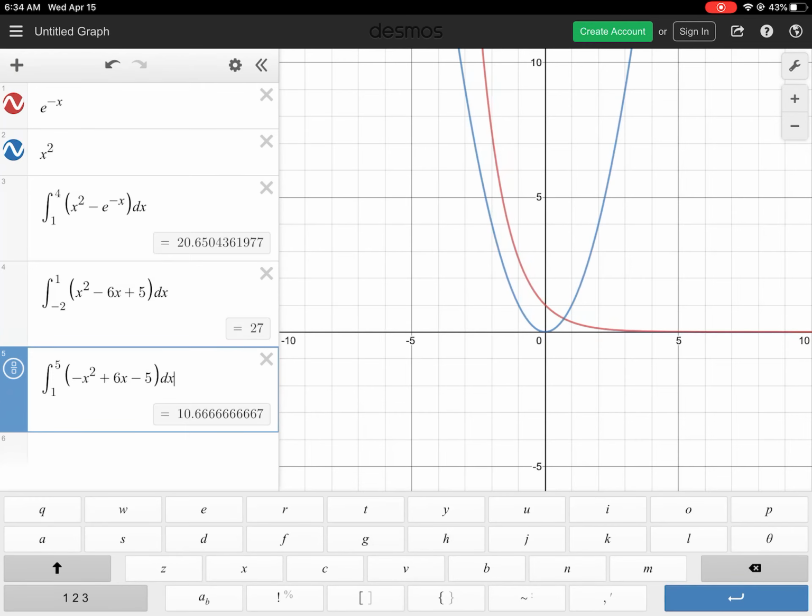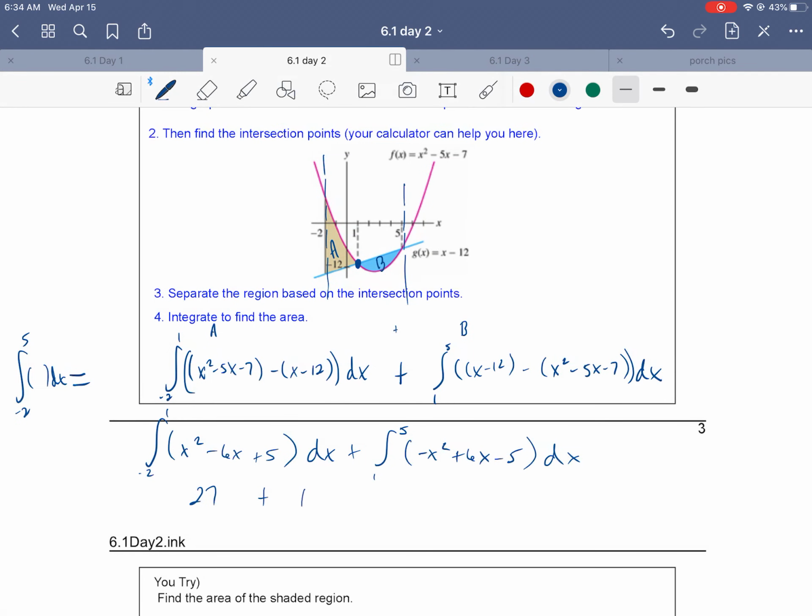Ten and 2/3. So our final answer is the sum of 27 and 10 and 2/3. So we get 37 and 2/3, or 37.67.